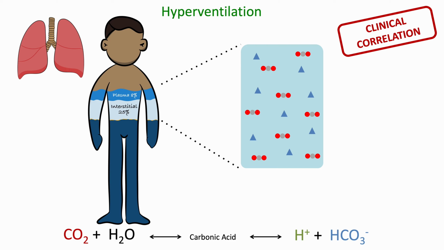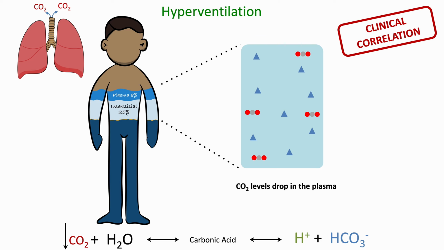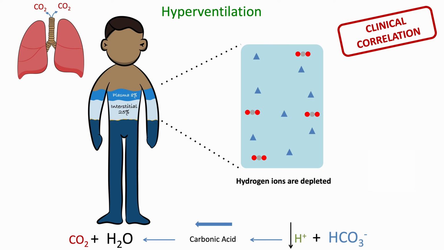In contrast, in hyperventilation, too much carbon dioxide is blown off by the lungs. As the carbon dioxide concentration drops in the plasma, the buffering equation moves to the left, which drives down the concentration of hydrogen ions. And a decrease in hydrogen ions drives up the pH.